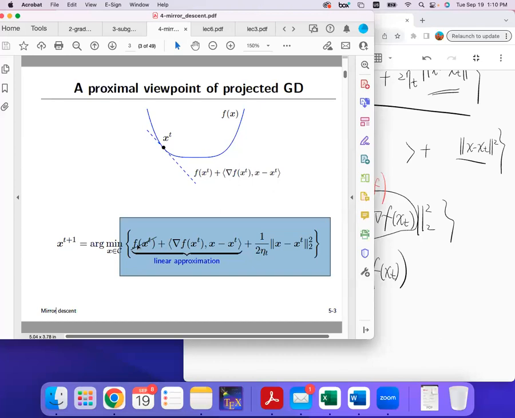So this local approximation model keeps updating over the iterations because x_t will change over time. So the model will be adapted to the local geometry of the problem. So this is the philosophy of designing this optimization algorithm.